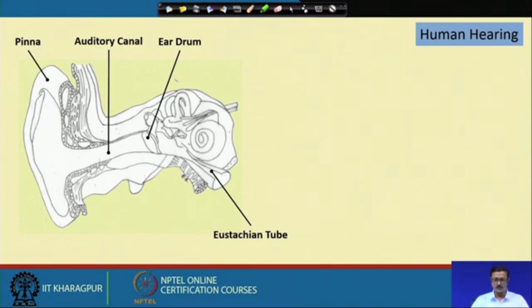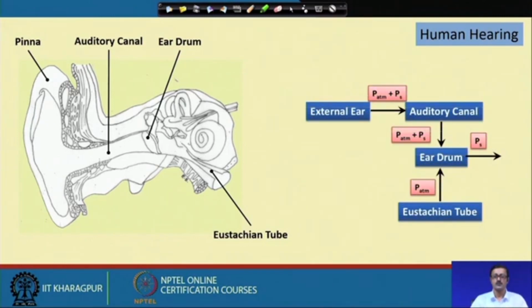If I show the propagation in a flowchart diagram, the pressure from the external air follows the path of the auditory canal and strikes the eardrum, and the total pressure in that canal is equal to the atmospheric pressure plus the sound pressure, P atmospheric plus P s.